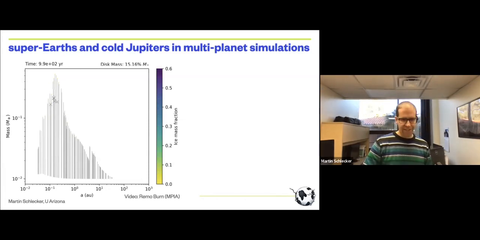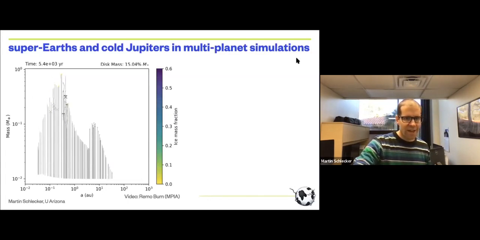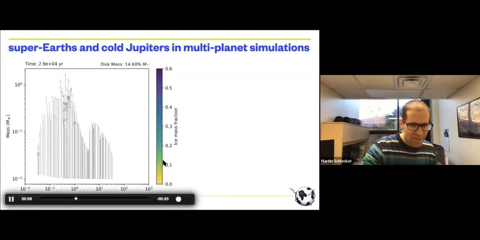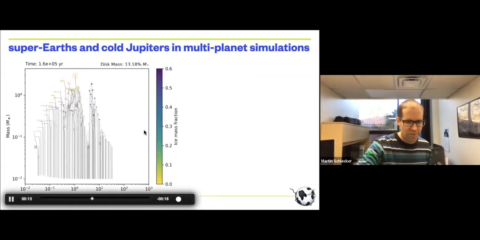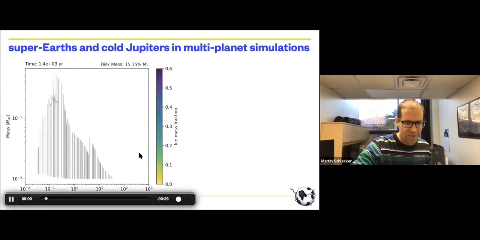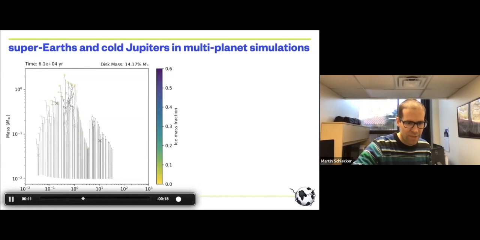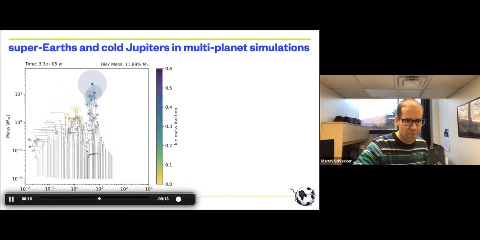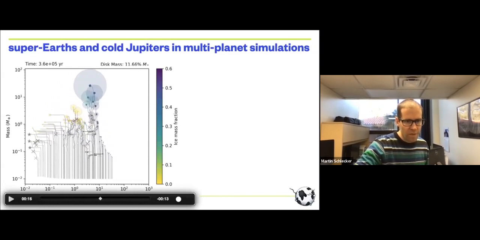So let me start this and see if hopefully you can see this on your screens as well. We see already that planets interact. Some get eccentric. These horizontal bars that are popping up mean the range of an orbit. Sorry, let me restart it. I just wanted to take a break somewhere in between, because around here we can see that at least two of these planets grow rather efficiently.